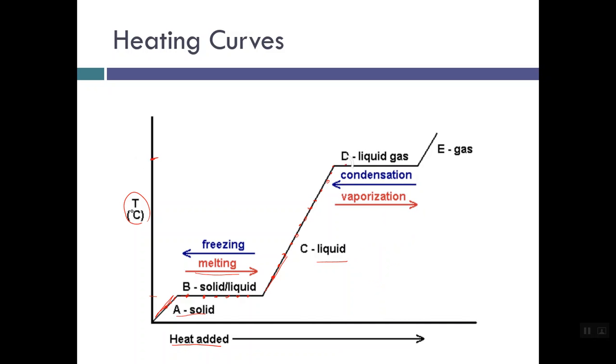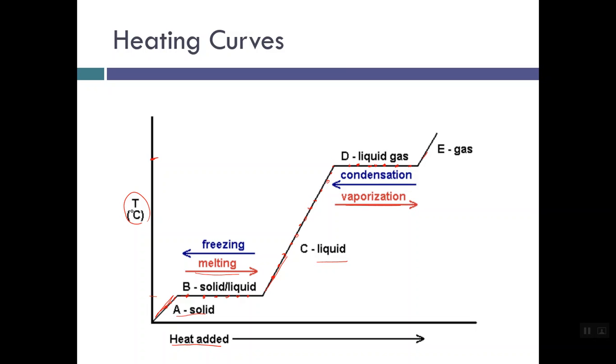I'm adding heat, and what's happening is it is vaporizing, or evaporating. Evaporation, vaporization, same thing. It's changing states from a liquid to a gas. I'm getting more and more energy, but my temperature is staying the same.